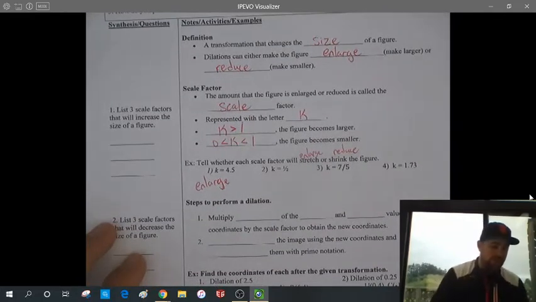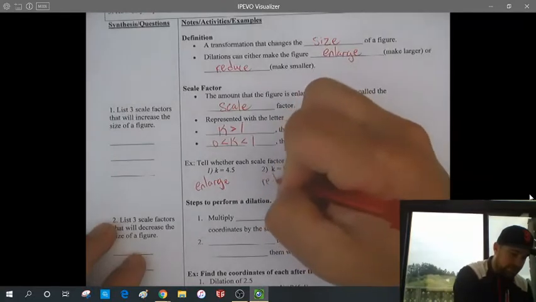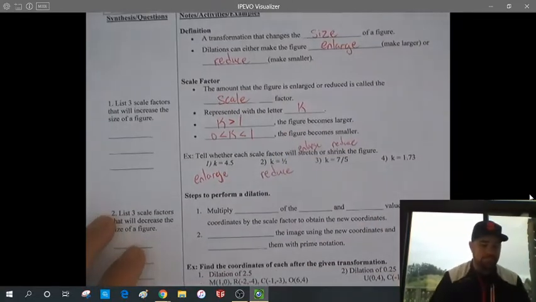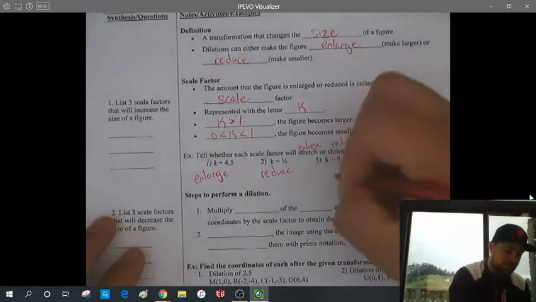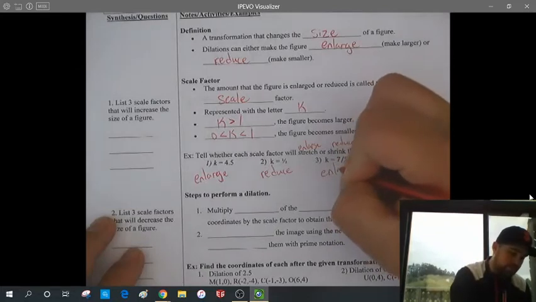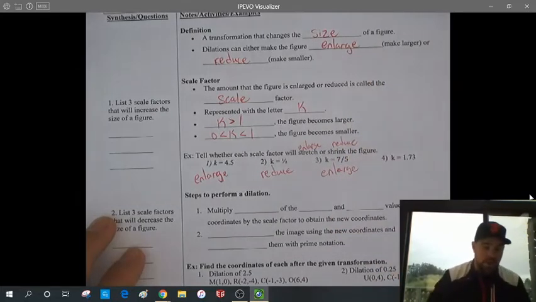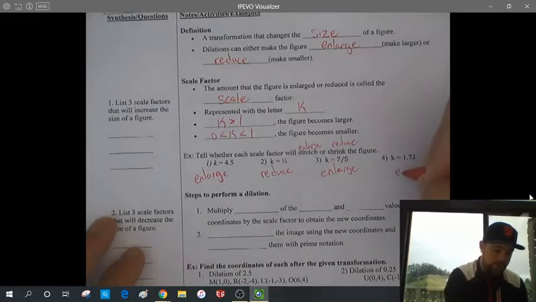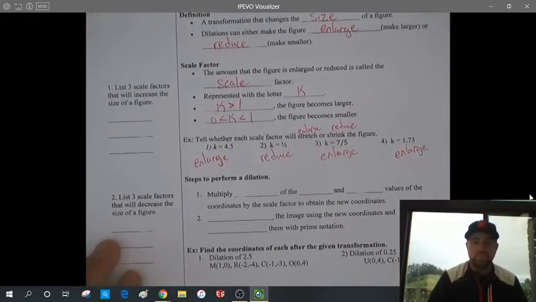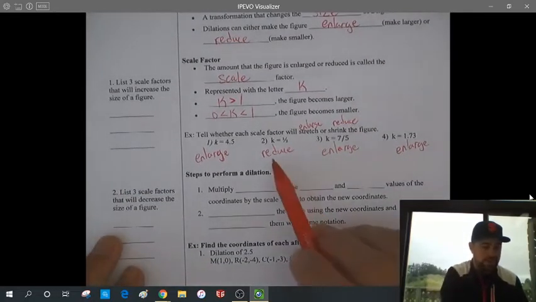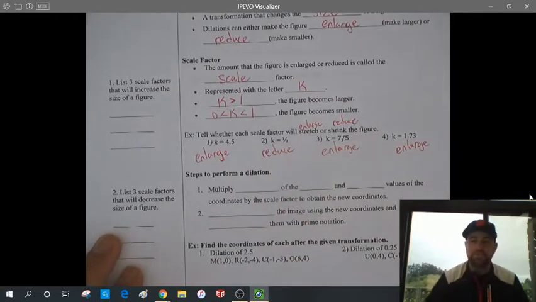Well, 1/2 is between 0 and 1, so that would be reduce. 7/5. Well, since 7 is greater than 5, 7 over 5 is going to be greater than 1, so this would be enlarge. And a scale factor of 1.73 is greater than 1, so that would also enlarge the figure. So the only one in our list that reduced it was 1/2, because it's between 0 and 1.